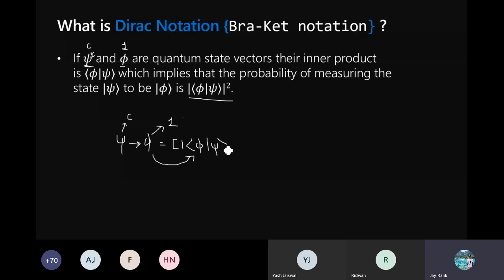Again, you would have seen that mod of alpha squared stands for the probability of 0, and beta squared stands for the probability of 1. In the same way, when we have a current state and we want to define whether it's going to be 1 or not, we can write this notation of psi with respect to phi modulus squared.